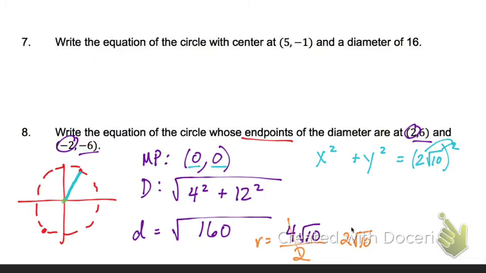And it would become 4 times 10, which is 40. So my final answer would be this. Now, in your head, you're probably thinking, oh, I can just use a calculator and it'll do all that for me. But this could be a non-calc question. So I want you to be prepared for that.